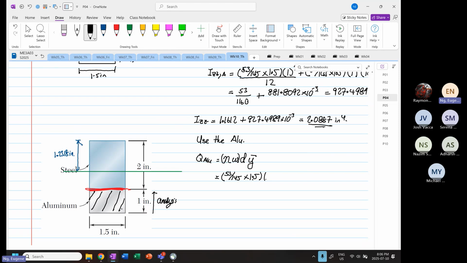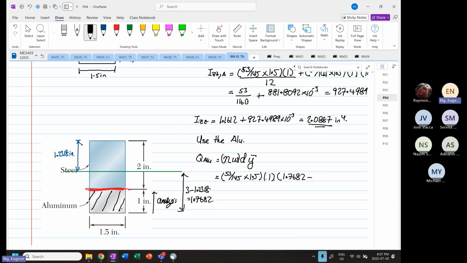The depth did not change. The depth is still what? 1 inch, right? And then this distance, from here to here, is equal to what? 3 minus 1.2318. Okay, so 3 minus 1.2318, which is equal to 1.7682.